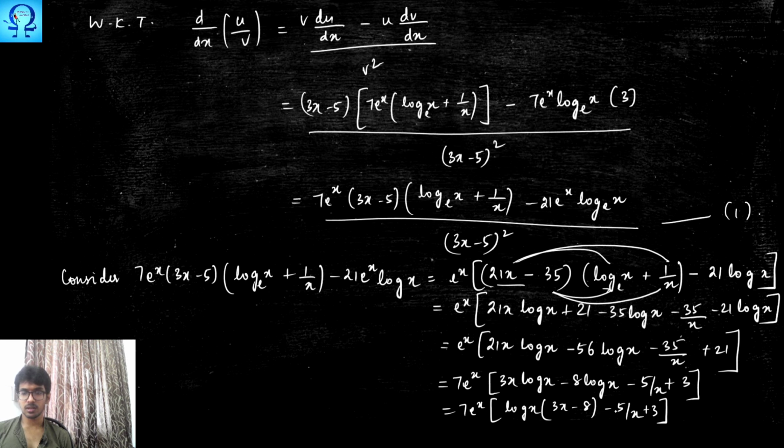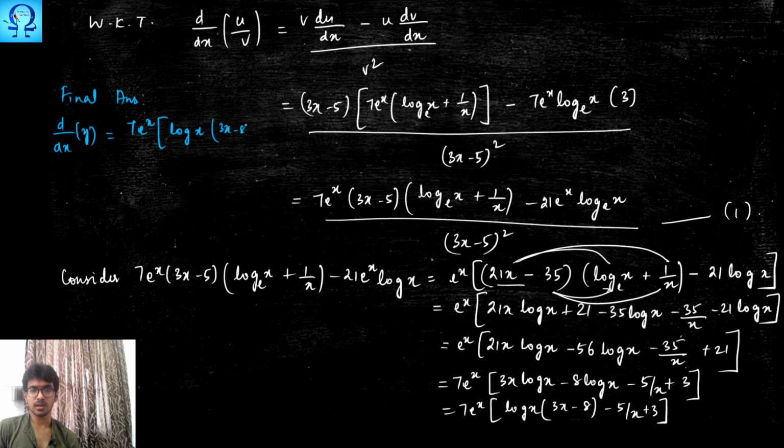So this is going to be in the numerator, hence let me write the final answer somewhere here. Let me do it in another color so that you can understand. This is the final answer. Your dy/dx of the given function y happens to be 7 e^x times (log x times (3x − 8) − 5/x + 3) everything upon (3x − 5) whole square.